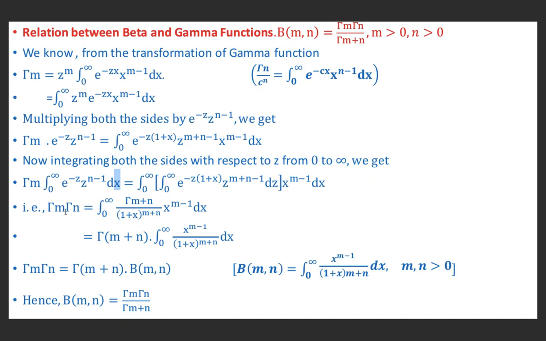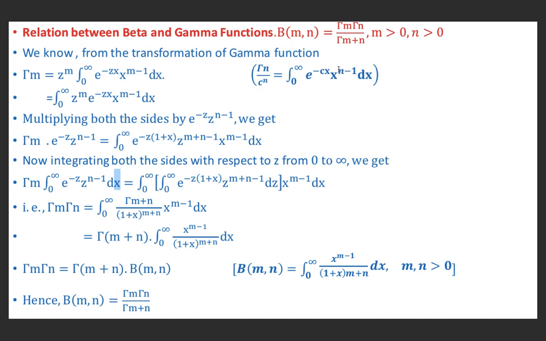So it is gamma n. On this side we have gamma m, gamma n. And if we apply this formula in this term, if you compare the terms, in place of n you have m plus n here because of z raised to power m plus n minus 1.